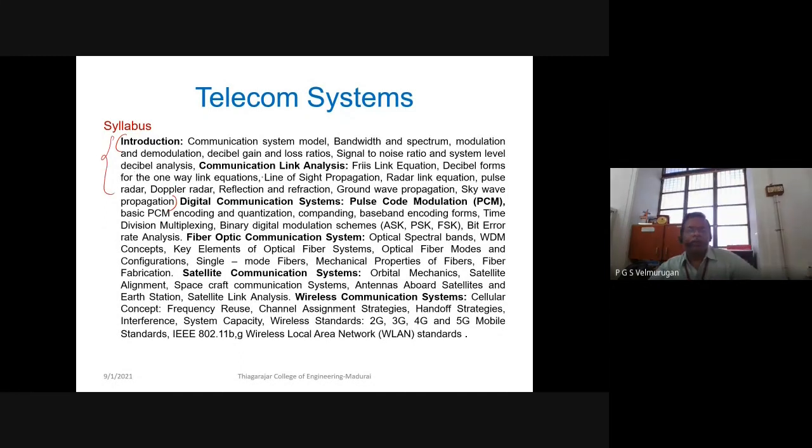We have covered our introduction part, and then communication link analysis, radar link equation, Doppler radar equations. Okay, so far we have completed up to this point, right? So for this syllabus portion, we will conduct a revision in the next class. Okay, so next class la revision மட்டும் பண்ணுவோம்.